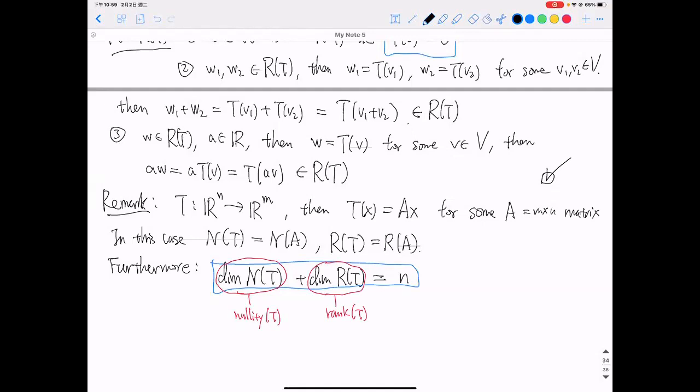Now with this remark understood, if we are asked to determine the range and the null space, it's something that we've seen before, right?